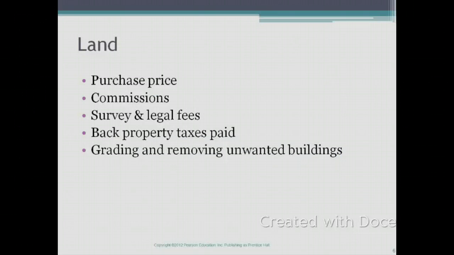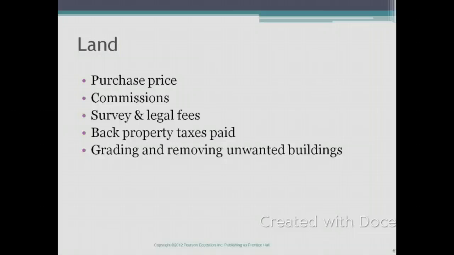Let's say that you are purchasing land. If you purchase land, what will go as an asset on your balance sheet will be the purchase price of the land plus any commissions you pay to purchase the land, any survey and legal fees that you would pay, any back property taxes paid, and any grading and removal of unwanted buildings. Let's say you were buying land and the former owner has not paid property taxes.